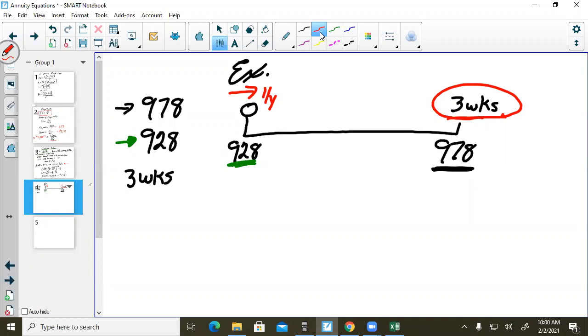But when we look at 3 weeks, is 3 weeks a full month? No. It's part of a year. So when we're looking at our periods per year, what do you think we want them to be to solve for this interest rate? We can't use 12 because 3 weeks isn't quite months, right?